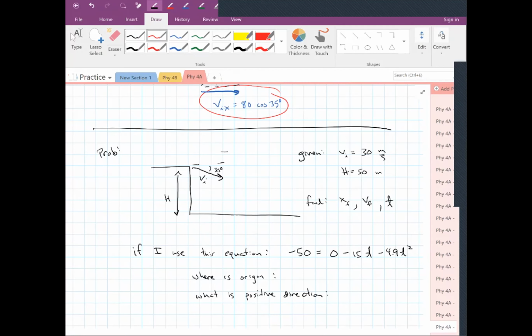Okay, so I'm comparing this to this equation. Right, I'm comparing it to this equation.